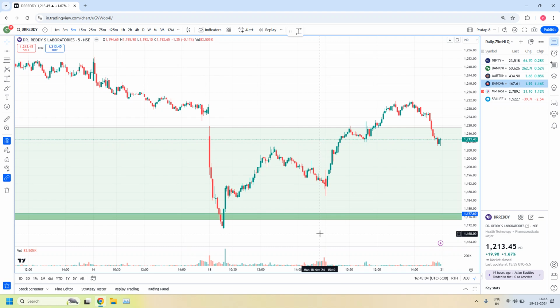How important they are. I've been using dividend adjusted data for the last 22 years, from the year 2003 onwards. From 2003 onwards, I've been using technical analysis with dividend adjusted data.